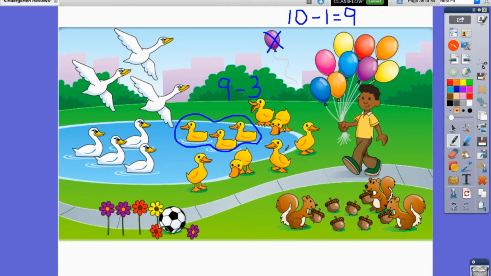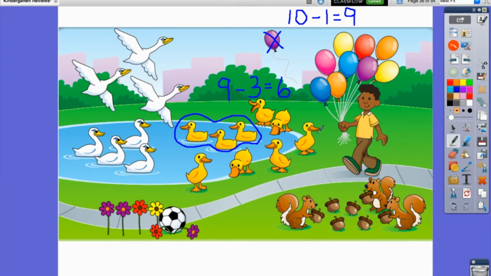How many ducks are going to be left over here on the side of the pond? Let's count. 1, 2, 3, 4, 5, 6. So 9 minus 3 means that we have 6 ducks left.